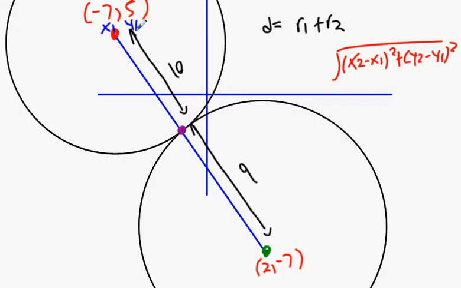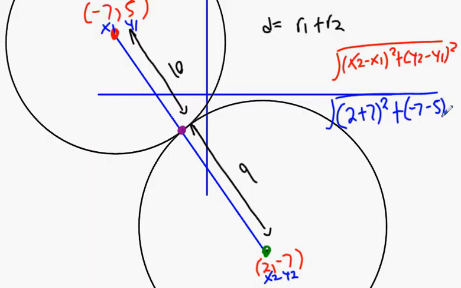Next, x1 y1, x2 y2. So what's x2 minus x1? 2 plus 7 squared, and then y2 minus y1, which is -7 minus 5. Can anybody tell me what's 9 squared plus -12 squared?